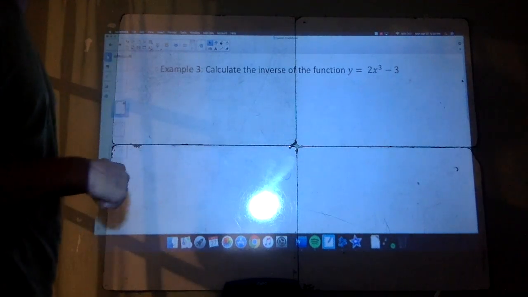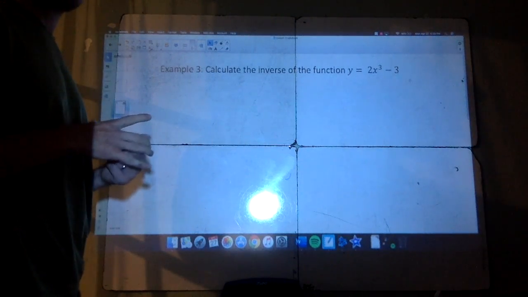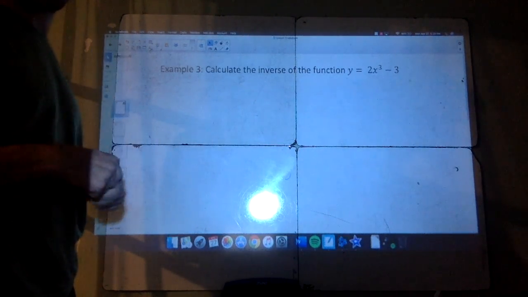So here we have the function y equals 2x to the third minus 3. Pause the video and try to calculate that on your own.